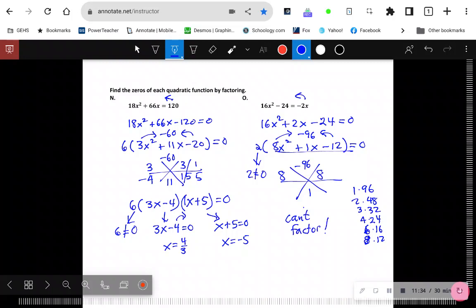Now, one way you might be able to tell that here is to graph the parabola right here. So go to your y equals key and type in 16x squared plus 2x minus 24.